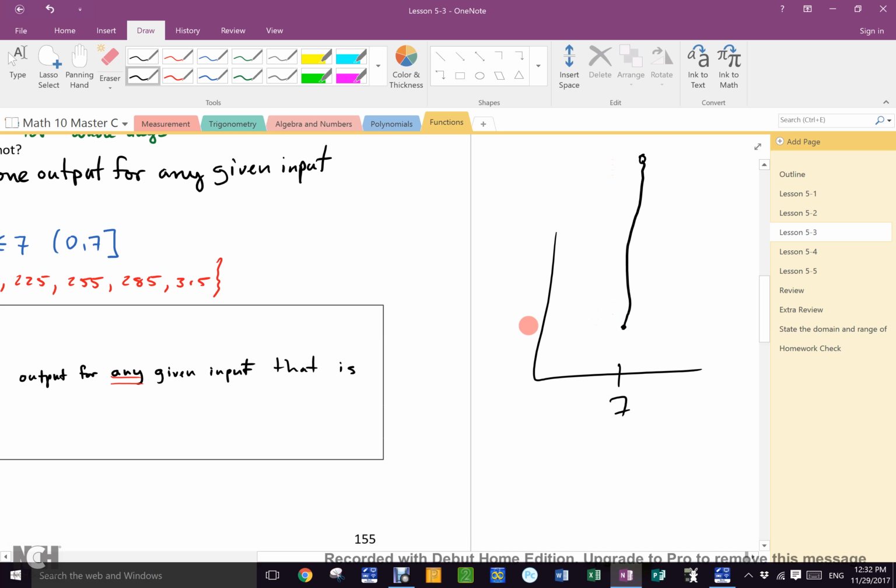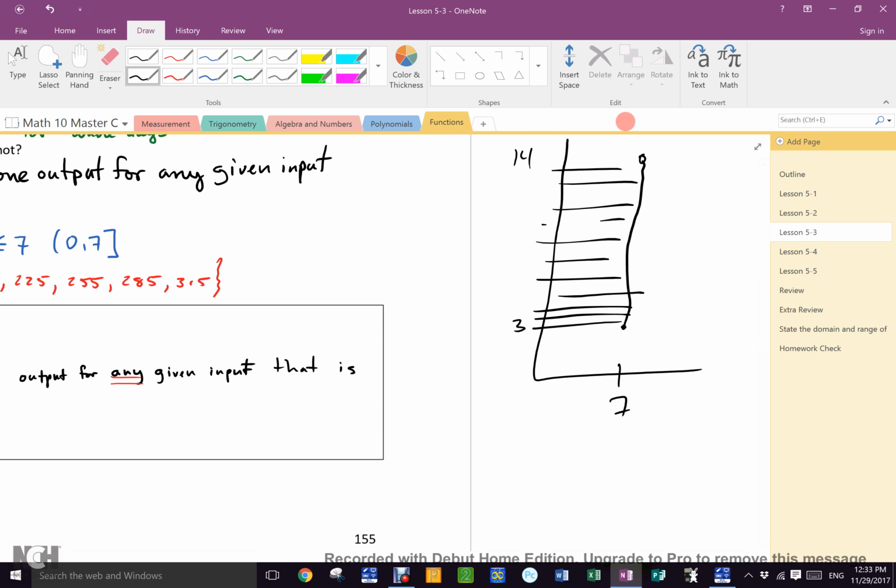And I have outputs from 3 up to 14, right? Since it's a solid line, is every single fraction there an output? So for that input, you can give me an output all the time, can't you? So is that continuous? Yes. So you're not quite right, but it has to do with input and output.